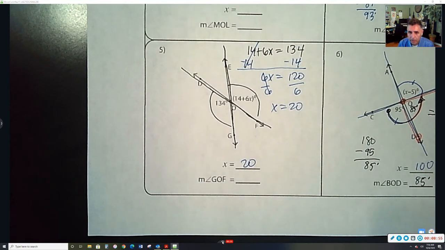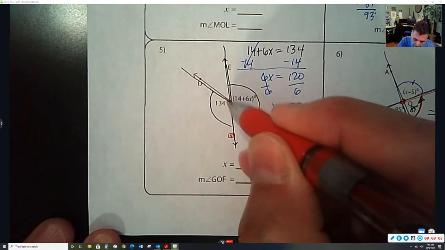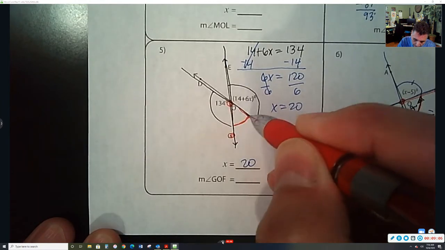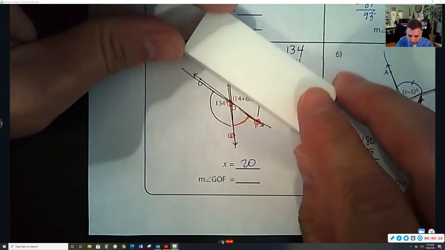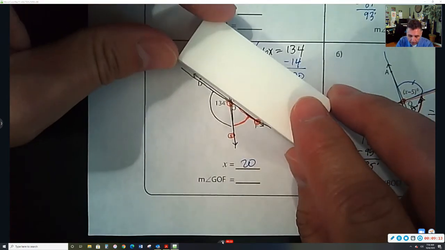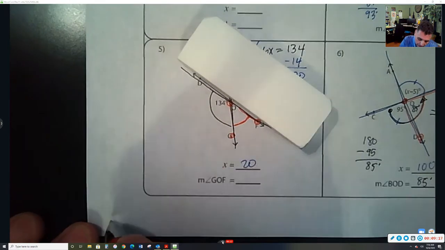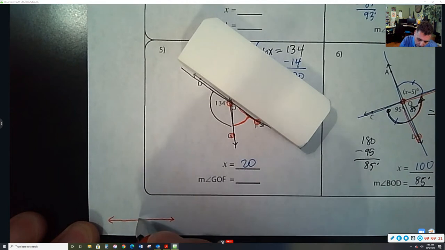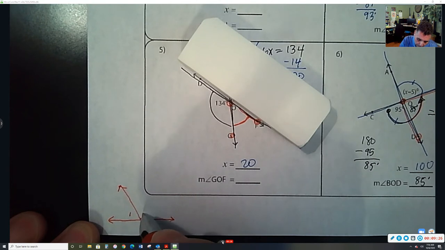And then to find the measure of GOF, let's find out where GOF is first. Here's G, there's O, here's F. Okay, that's this inside angle here, this bottom angle, if you will. So again, I'm going to cover up part of my diagram. Because when you cover up part of your diagram, you should think back to the examples we solved a week or two ago, where the equations were like this, right?